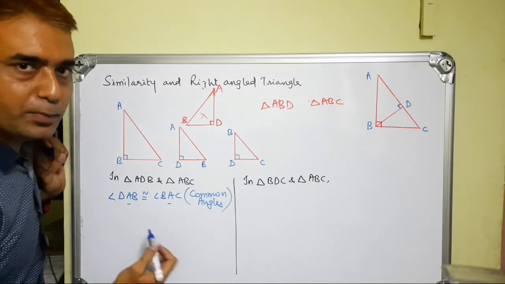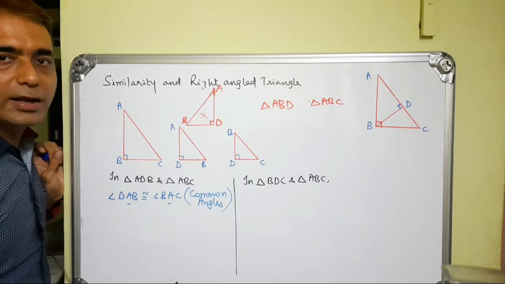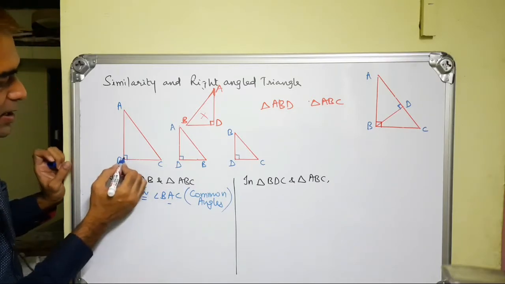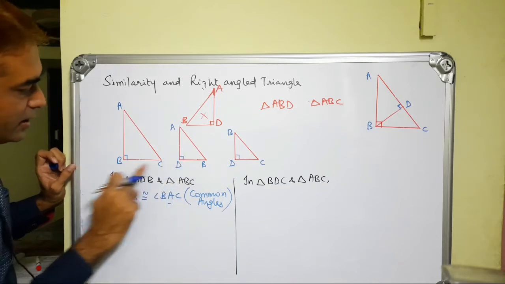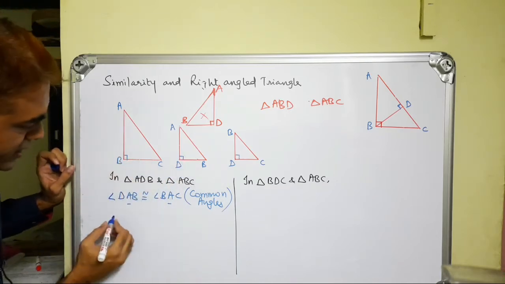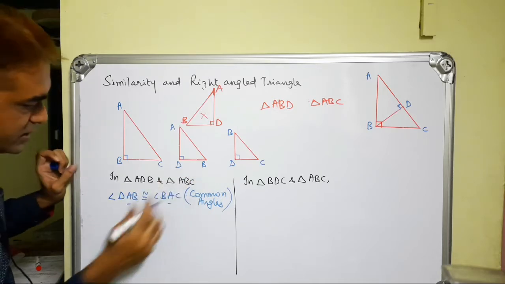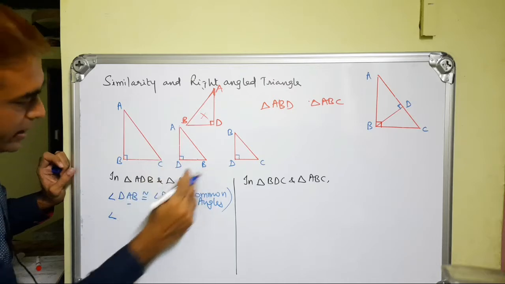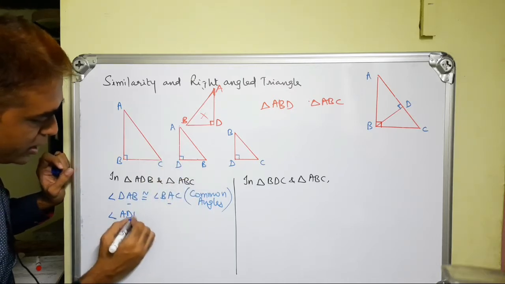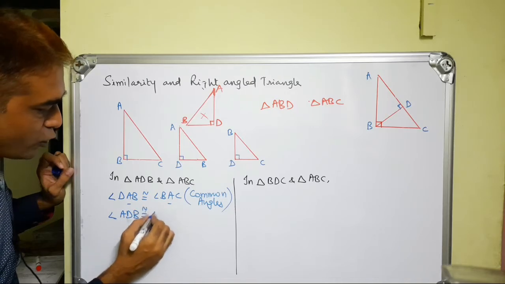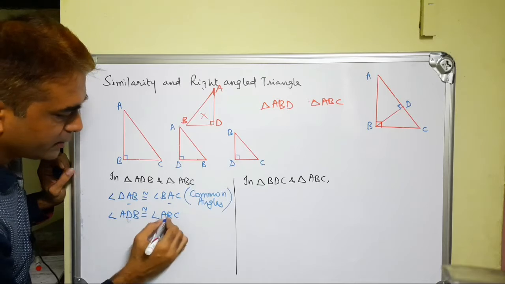And second point, in both these triangles, one angle is a right angle, that is here angle B is right angle and here angle D is right angle. So this is angle ABC. First we will write the right angle of this triangle, that is angle ADB. Angle ADB is congruent to angle ABC. Reason?